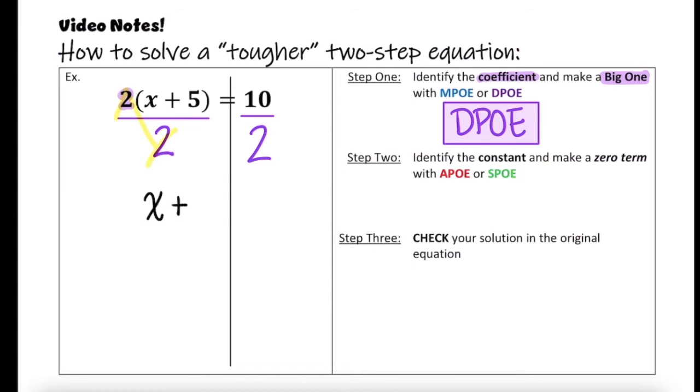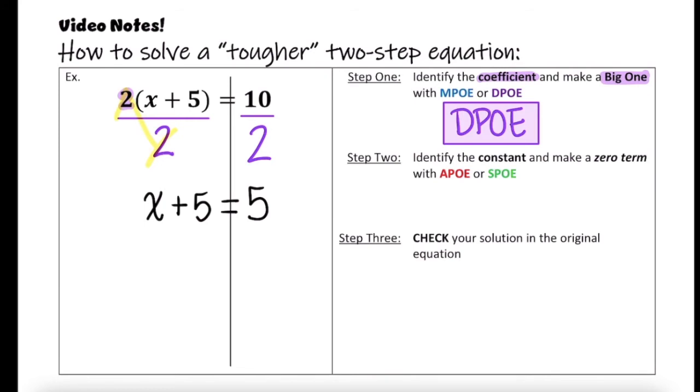So x plus 5, our group, is left over, and 10 divided by 2 is 5. Now, what did we accomplish? Well, now our 2 terms, our variable and our constant, have broken out of this group, which means we can now use our addition and subtraction.